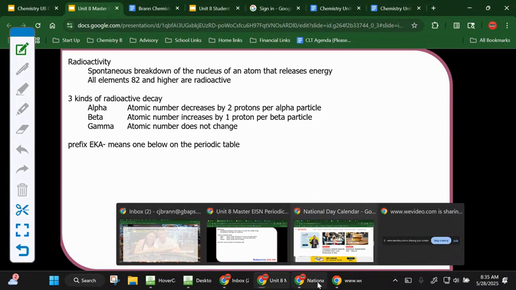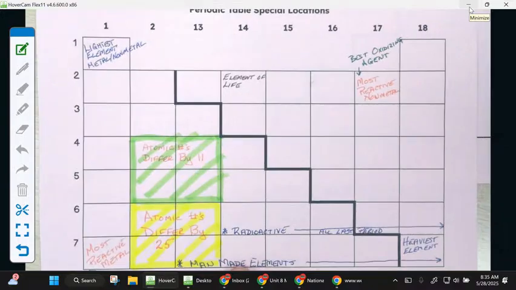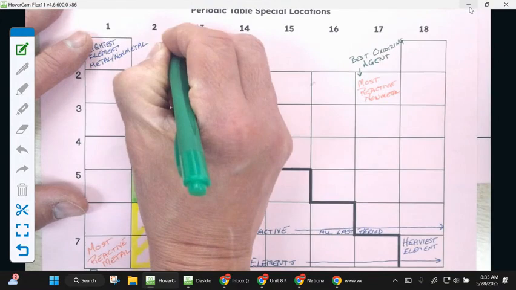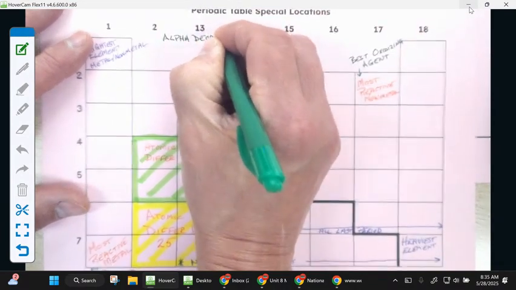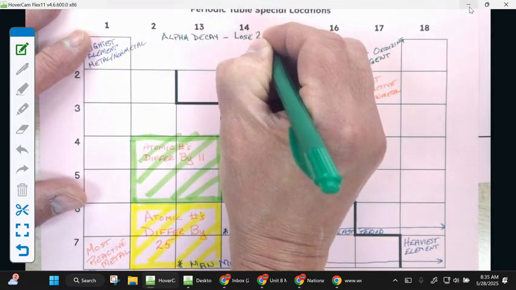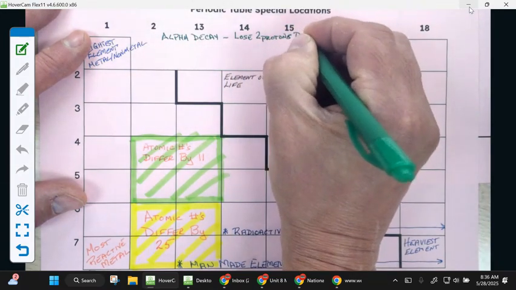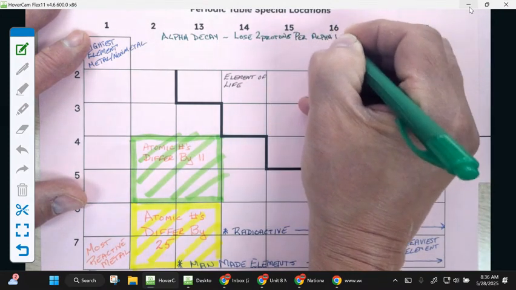This is not a trend of a spot or a family. This is just what happens. I'm going to put alpha decay: lose 2 protons per alpha particle.